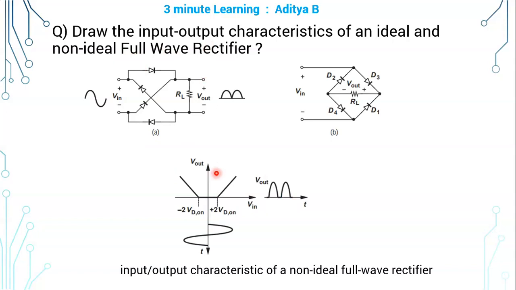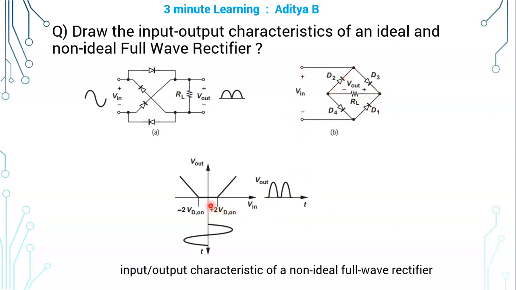Coming to non-ideal diodes, the diodes will be on not immediately at 0, but after a 1 diode drop. But in a bridge rectifier, each time 2 diodes will be on. That is, during the positive half cycle, D3 and D4 will be on. During the negative half cycle, D1 and D2 will be on.